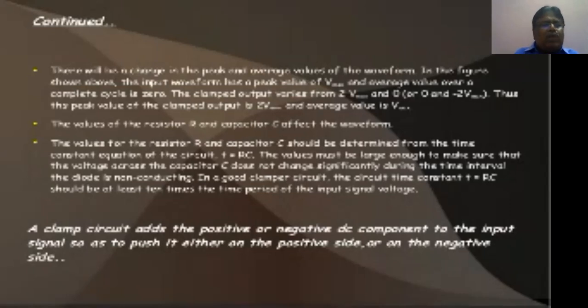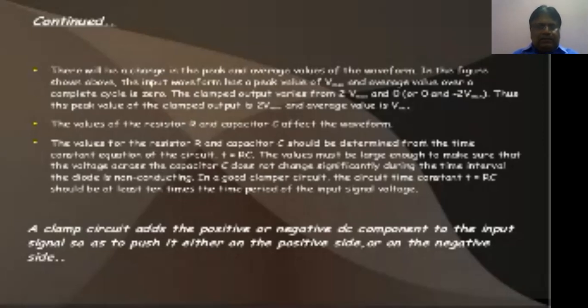Thus, the peak value of the clamped output is 2 Vmax, and the average value is Vmax. The values of resistor R and capacitor C affect the waveform. The values for resistor R and capacitor C should be determined from the time constant equation of the circuit.